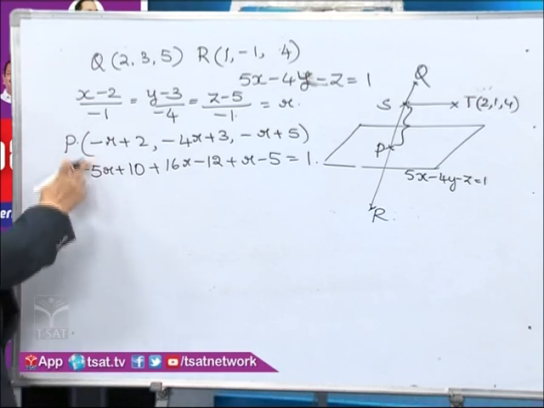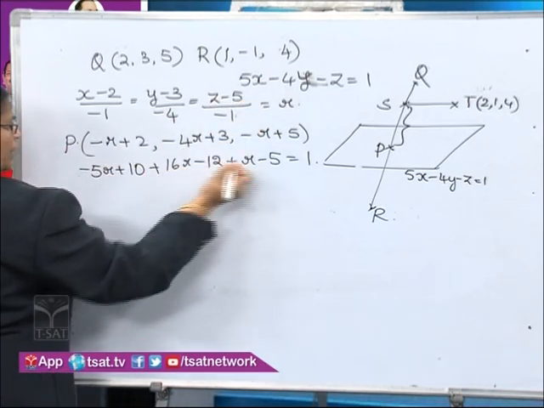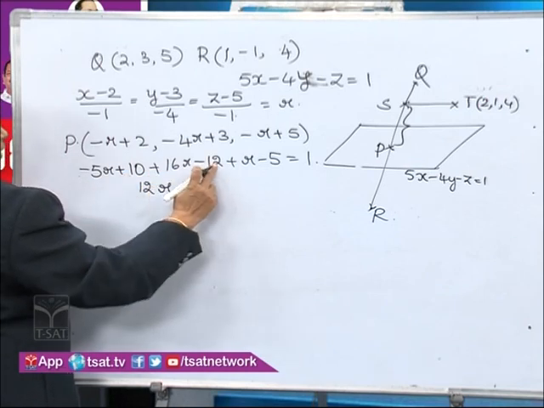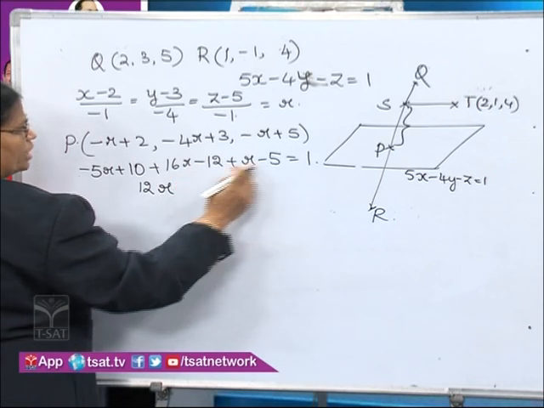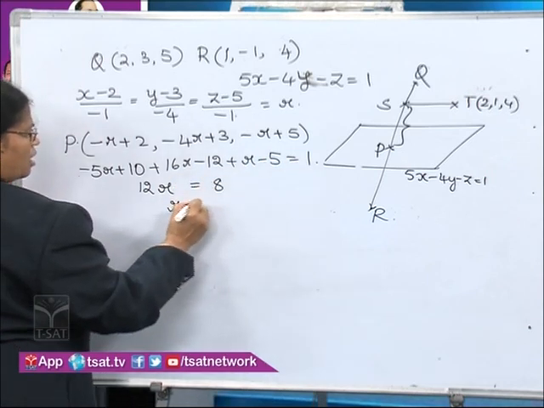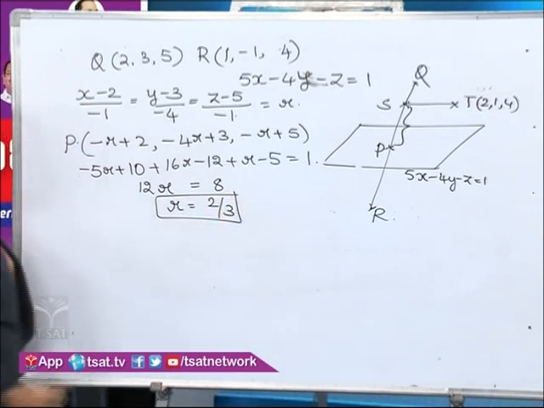Simplifying this, 12r, and 10 minus 12 minus 5 minus 7, so this becomes 12r equal to 8, r equal to 8 by 12, which is 2 by 3.